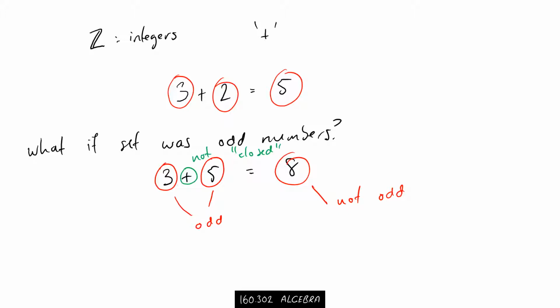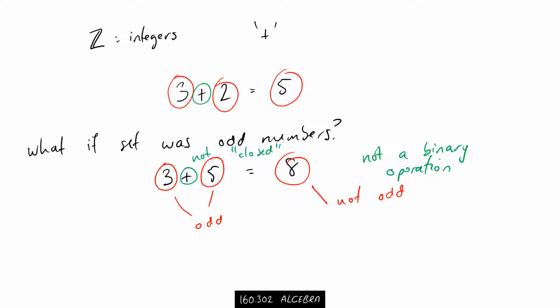So this operation plus, in the first case, which is fine, is what we call a binary operation. A binary operation is an operation where you take two members of your set, you combine them together, and it always gives you back a member of your set. In our second example, plus is not a binary operation because when we combine two elements together, we don't get something back from our set.